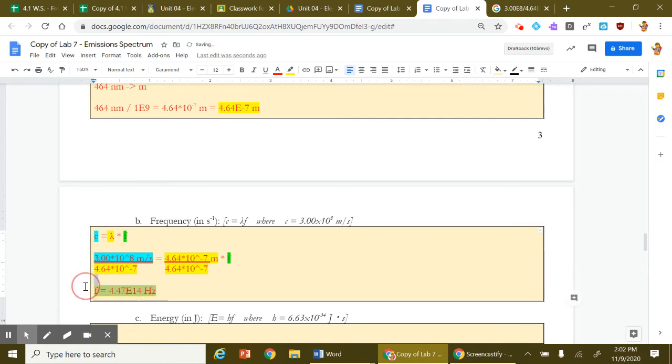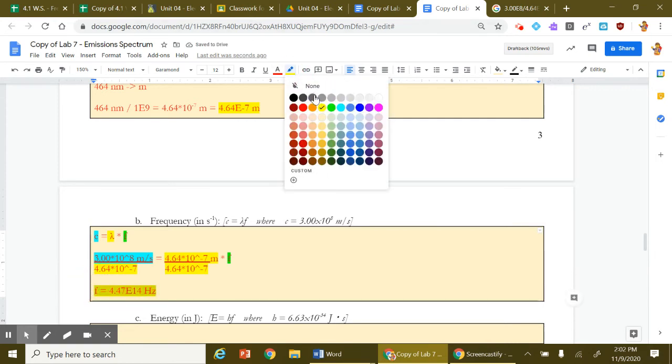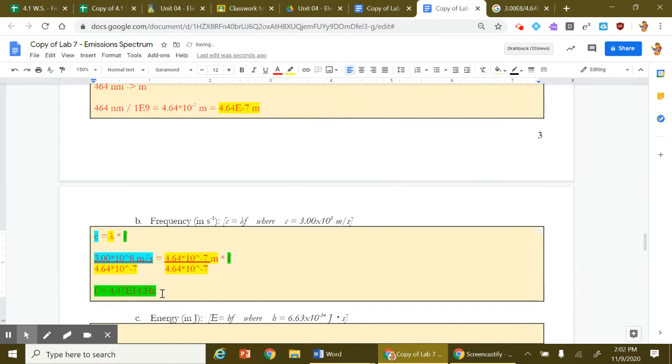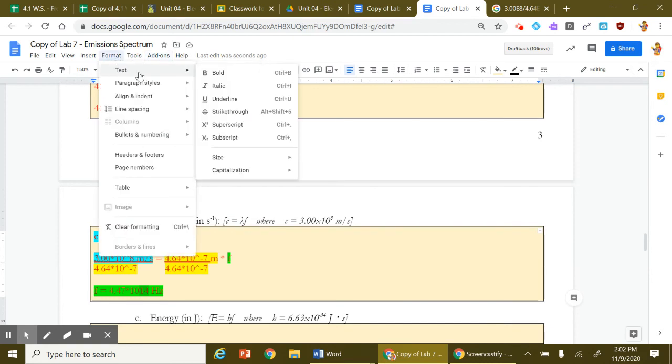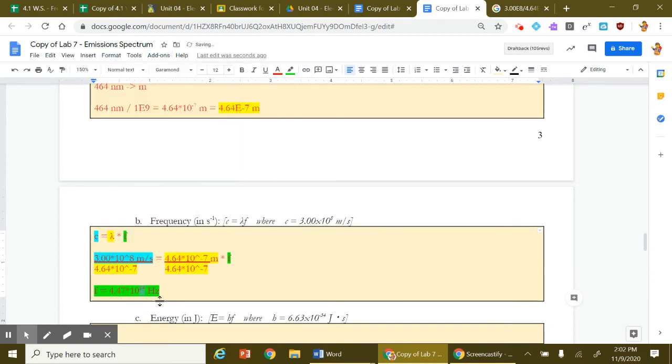Okay, there we go. So now we have the frequency. In fact, let me put this in official scientific notation. Format, text. In case you guys forgot, using E is just another way of writing times 10 raised to the. All right, so that is the frequency.